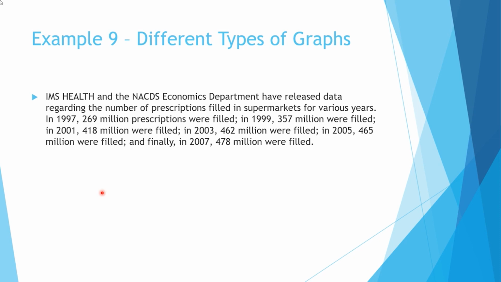In 1999, 357 million were filled. In 2001, 418 million were filled. In 2003, 462 million were filled. In 2005, 465 million were filled. And finally, in 2007, 478 million were filled.